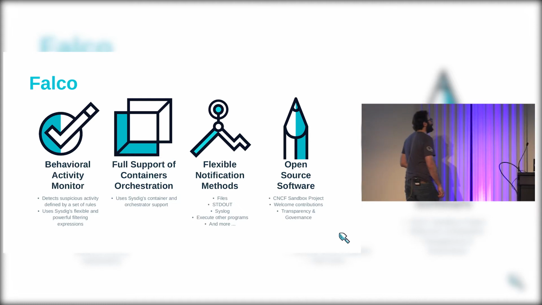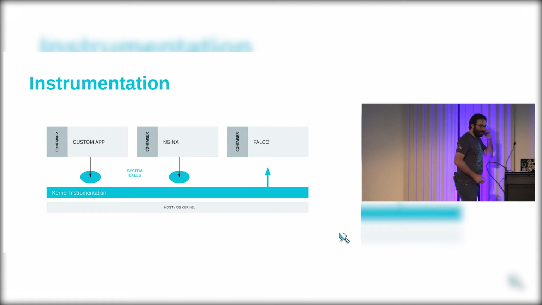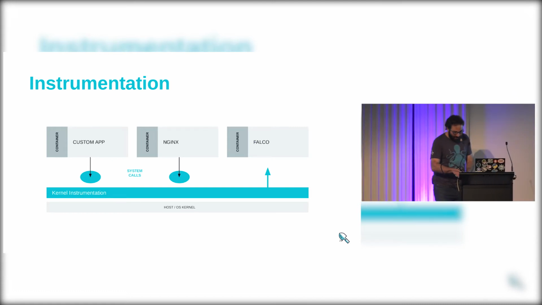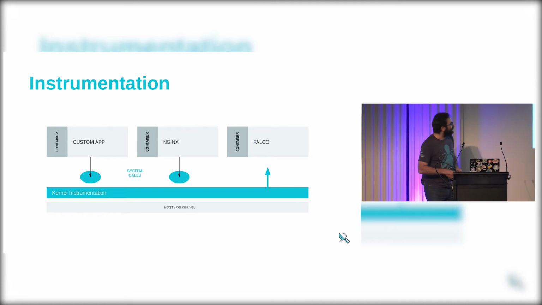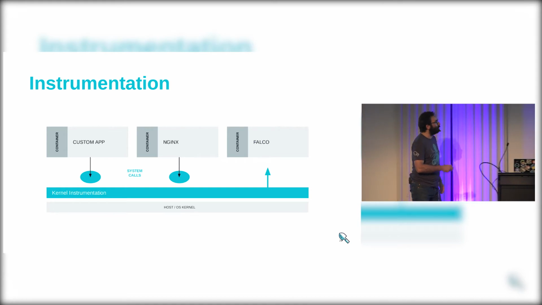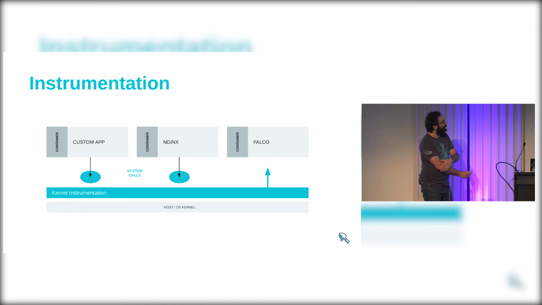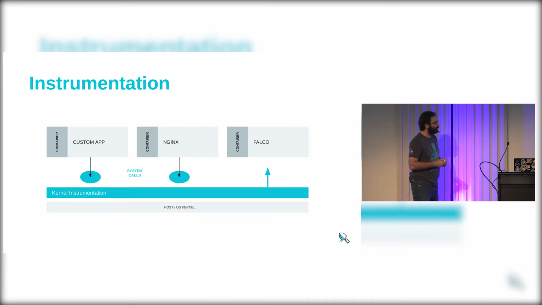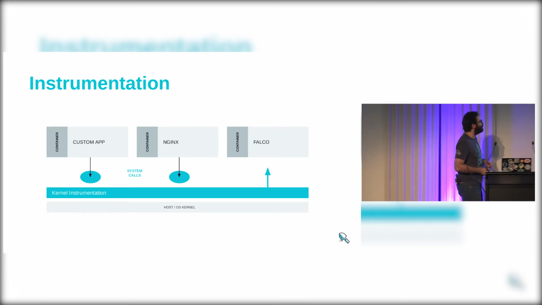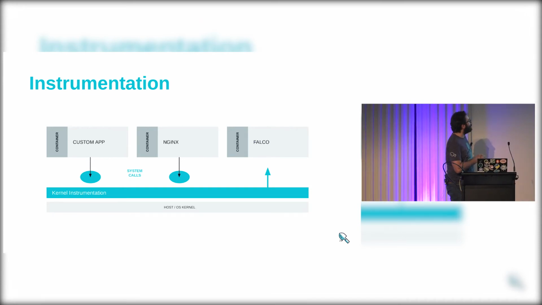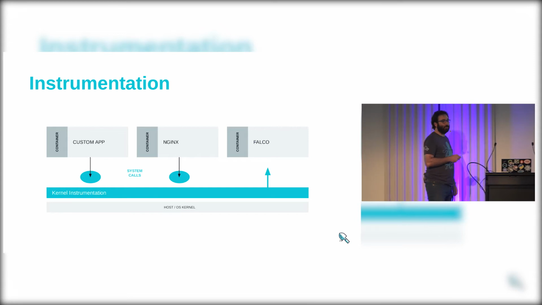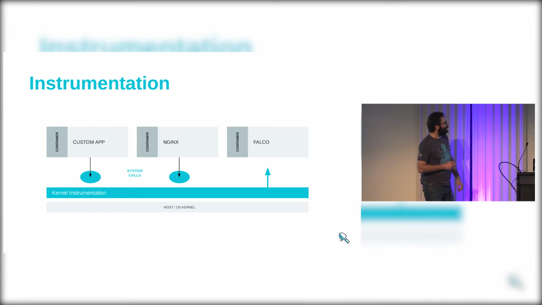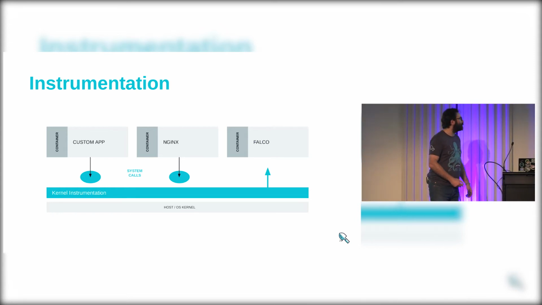So how is it done? Well, Falco is pretty nice because it's just a pod, a daemon set. I mean, there's a pod on every host. So we can have one application, the application you are developing right now in your company.